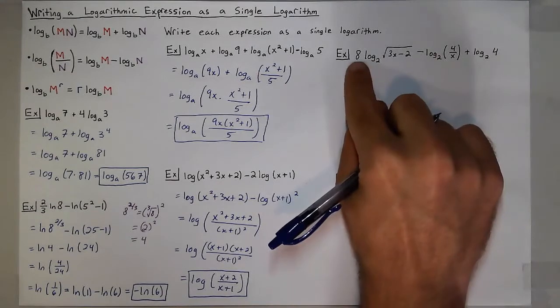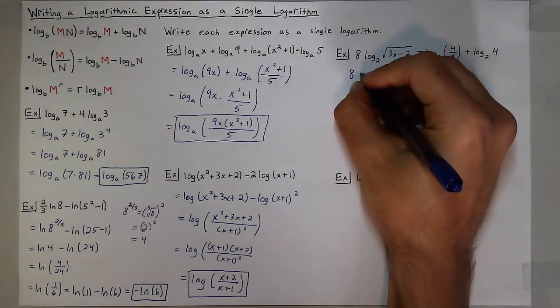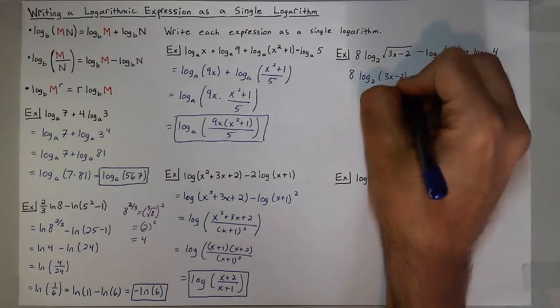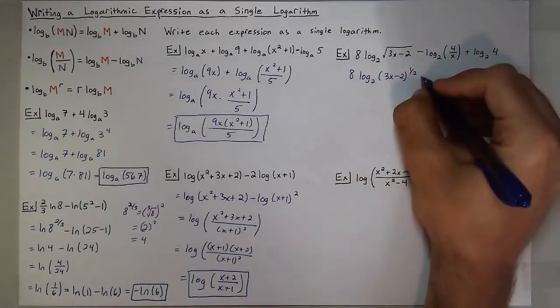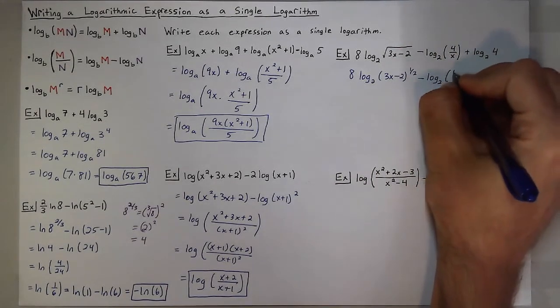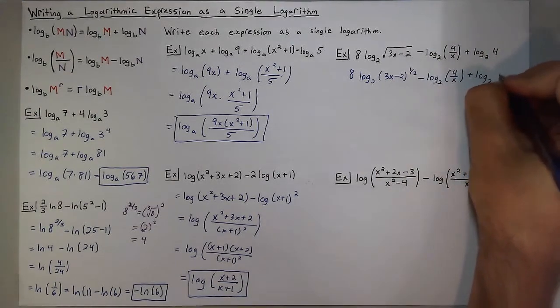Now here, I have a few things to unpack. I'm first going to rewrite that square root as to the 1/2 power to help with this next part. (3x minus 2) to the 1/2. Then I have minus log base 2 of 4 over x plus log base 2 of 4.